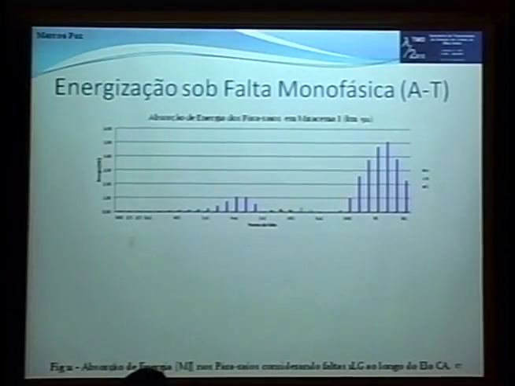I have included here the graphs from the surge arresters that performed or had some kind of performance during the applied faults.